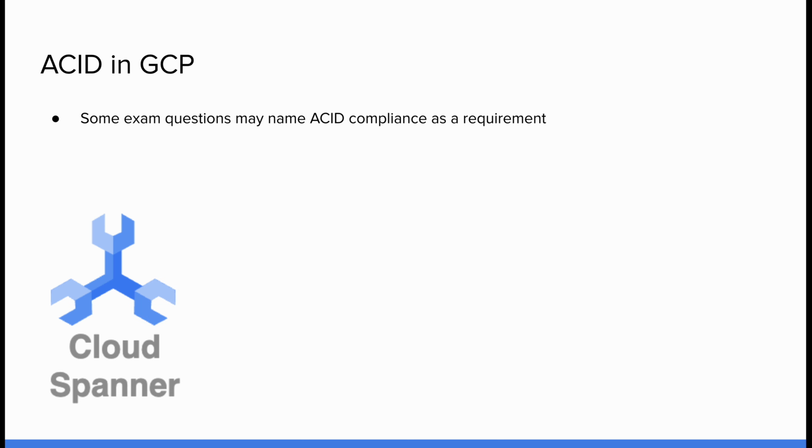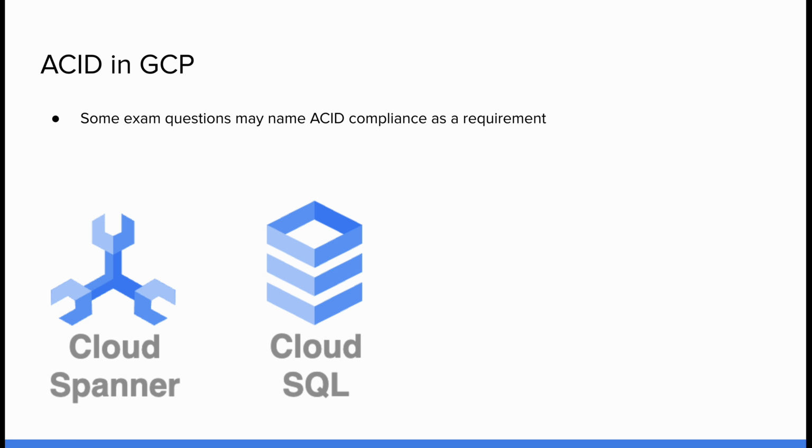Now let's talk about which GCP services are ACID compliant and how it might show up on the exam. Some questions on the exam may ask about ACID compliance. Here's a quick overview. Spanner is a fully managed, globally distributed relational database. It is ACID compliant, which is really amazing for large scale, high availability, and strongly consistent workloads, especially global workloads.